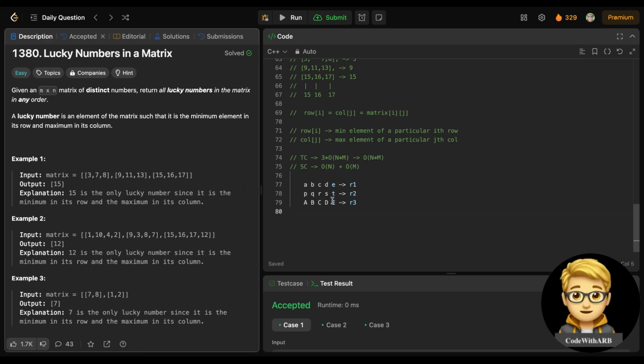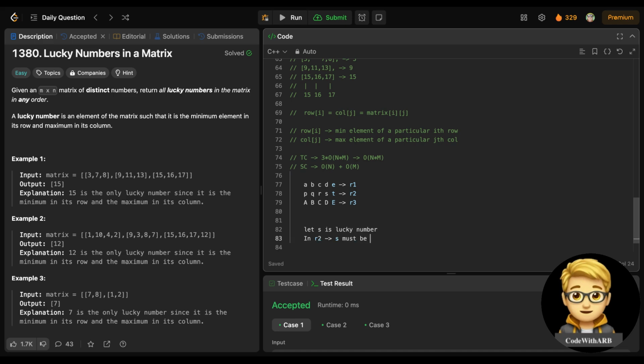So think like this: suppose s is a lucky number, right? Let s be a lucky number. If s is a lucky number, it means in r2 it is the minimum, so s must be the minimum.